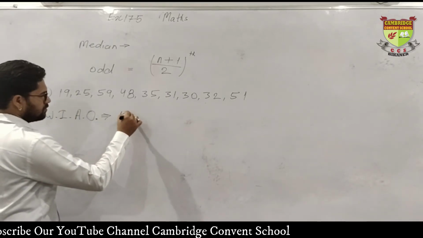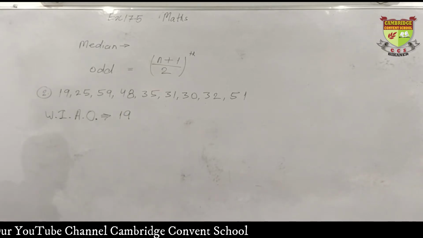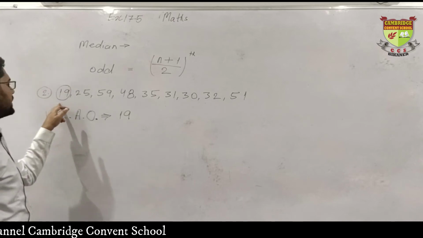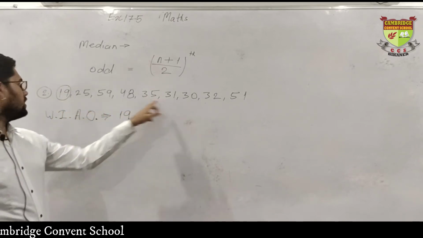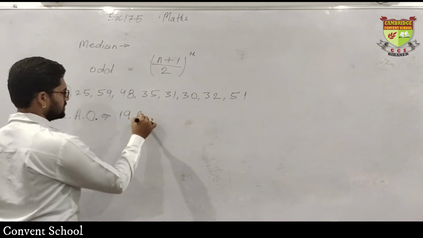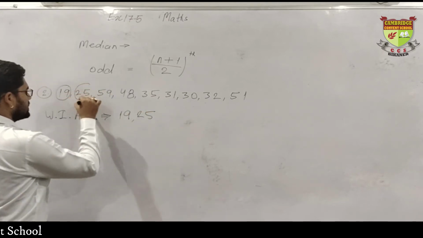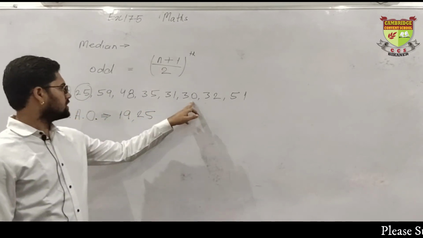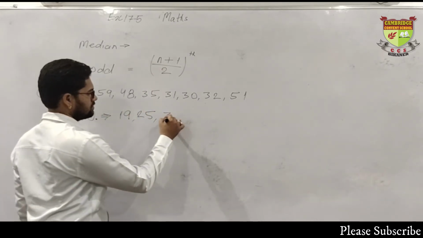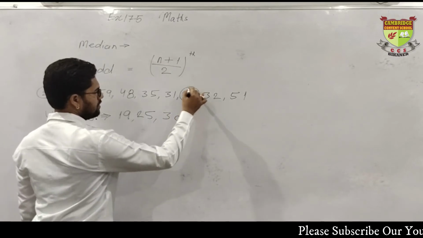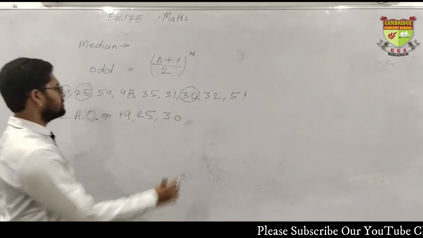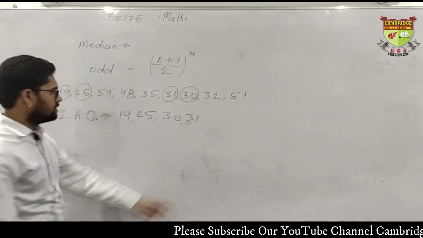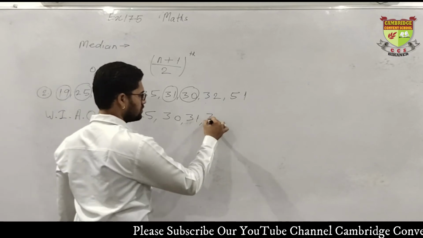So what is the smallest number? 19 is the smallest number. 19 is done. What after 19? 25. What after 25? 30. What after 30? 31. After this 32.